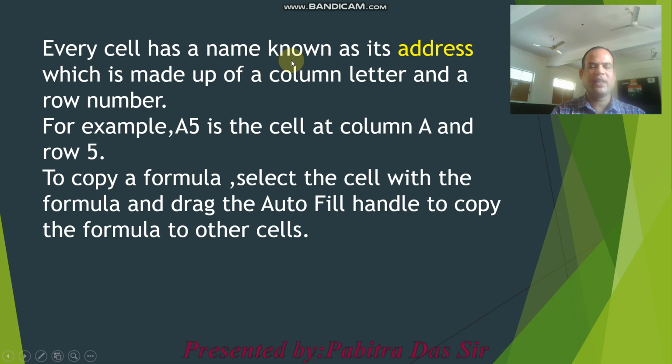Every cell has a unique name. That unique name is the address, which is made of column letter and row number. Example, A5 is the address of a particular cell in the sheet. A5 is the cell at column A and row number 5.